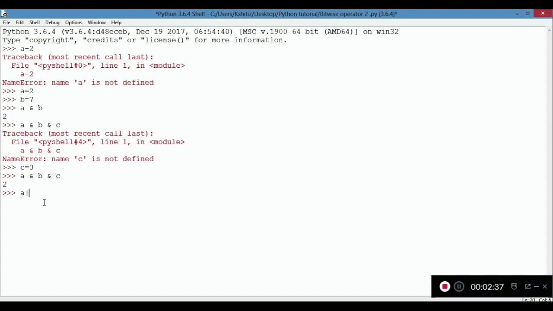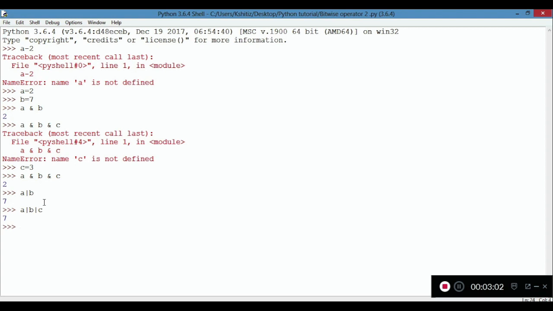Now next we will move to the bitwise OR. Bitwise OR is used to operate between 2 of them. So a or b will give us 7. Now let's see it with 3 of them, a or b or c. We get 7.